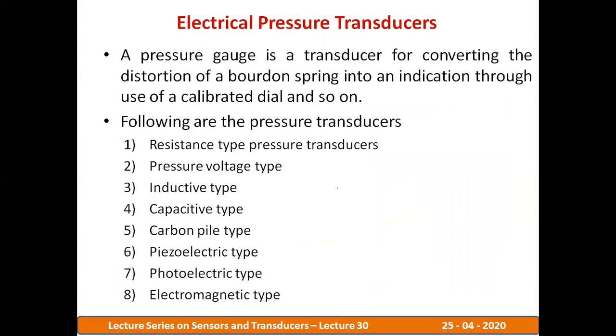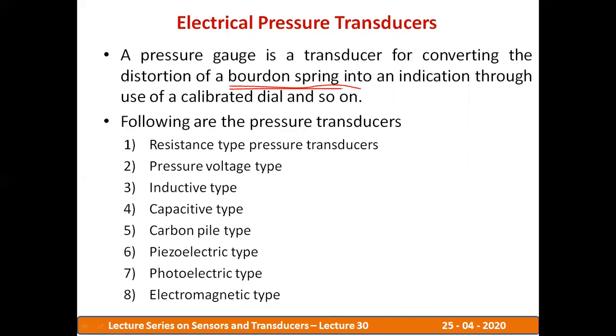So now we will discuss electrical pressure transducers. These are the transducers which convert the pressure into its equivalent electrical signal. Later that electrical signal is processed and we measure the pressure, right? Here we are mainly using a Bourdon spring, or we call it a Bourdon tube, correct?